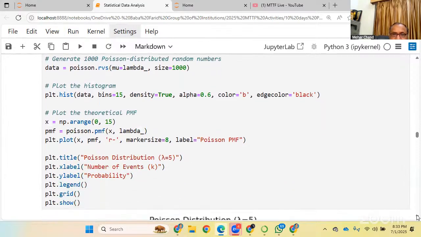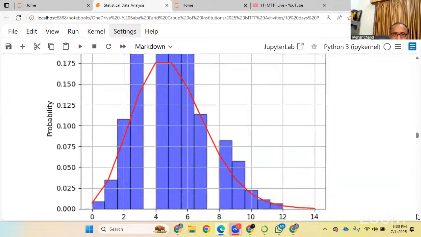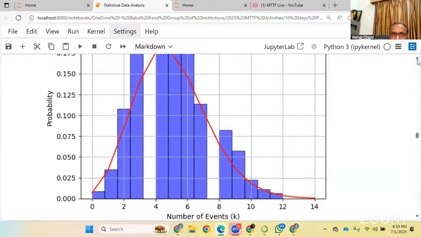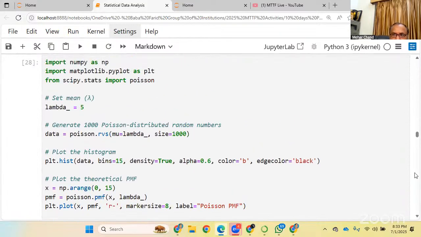So you can see here the curve, you can observe the data distribution, how the data is distributed by using the Poisson distribution.